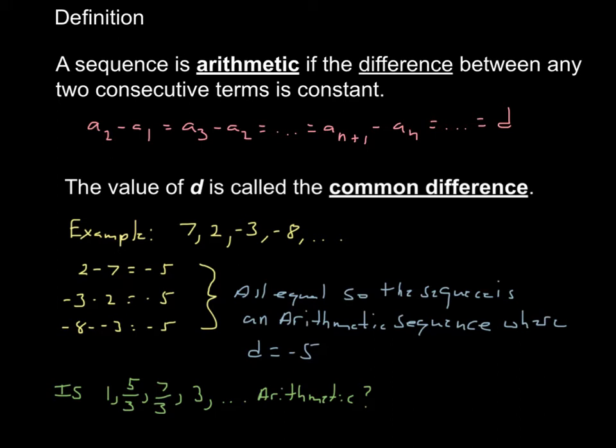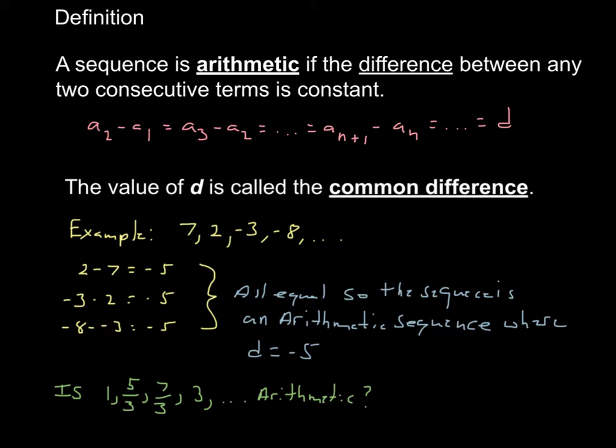For example, let's look at the sequence 7, 2, negative 3, negative 8. I want to determine if it's arithmetic. The first thing I do is take the difference between the first and second terms. The second term is 2, so a sub 2 minus a sub 1 is 2 minus 7, which equals negative 5. I'll do the same thing with a sub 3 minus a sub 2: negative 3 minus 2 gives us negative 5.